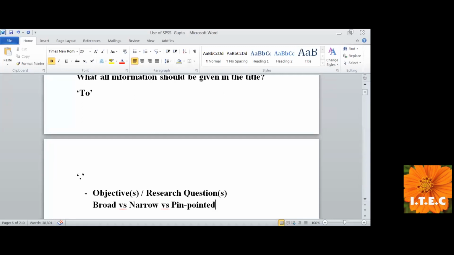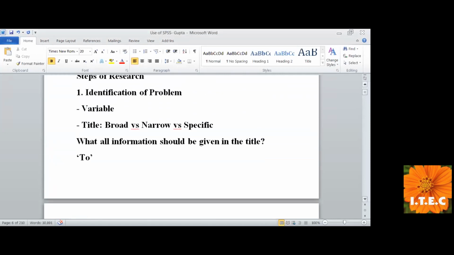Should objective or research question be broad, narrow, or pinpointed? Okay, now for one particular title, how many objectives can you write? For one title, how many objectives can you write?